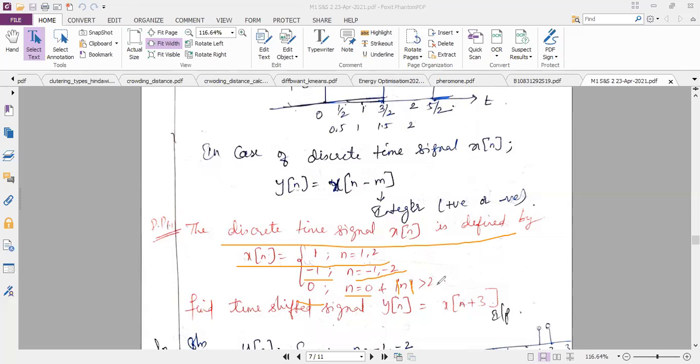That means the values above 2 and on the left hand side below minus 2 are 0. What they are asking is to find the time shifted signal y of n is equal to x of n plus 3. Once you have copied the question, you tell me so that I will proceed with the solution.